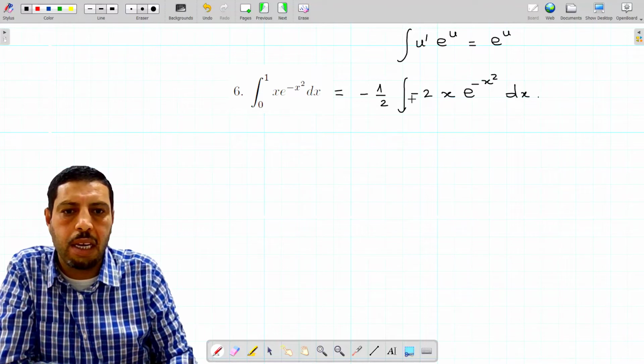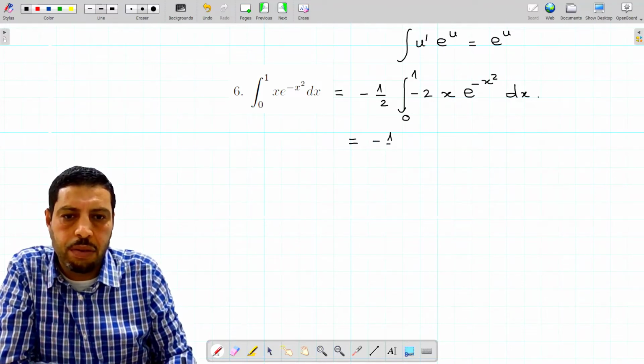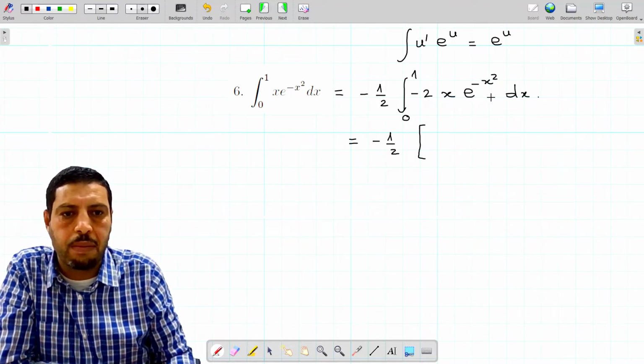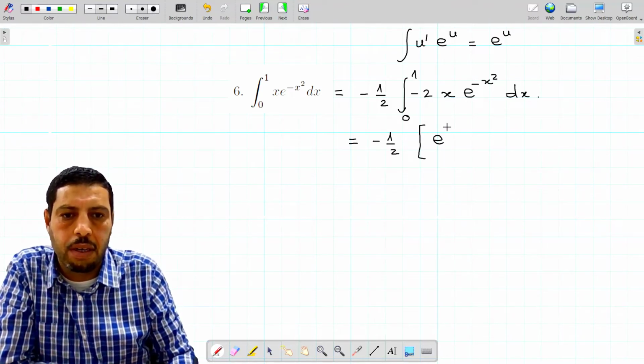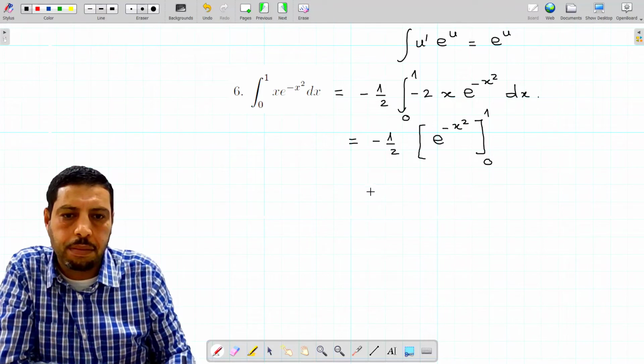And here you can see clearly u prime exponential u. So you can compute this integral. It's between 0 and 1. It's minus 1 over 2, and the antiderivative of minus 2x exponential minus x squared is exponential minus x squared, taken between 0 and 1.